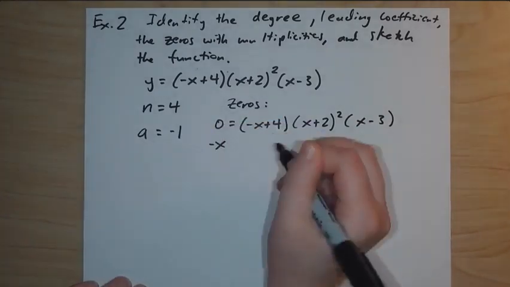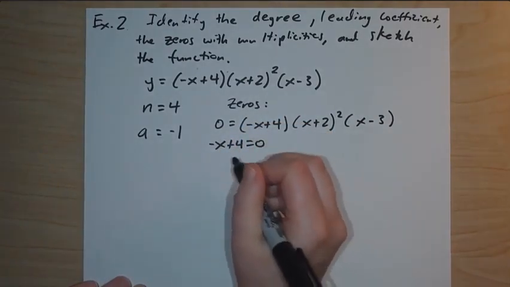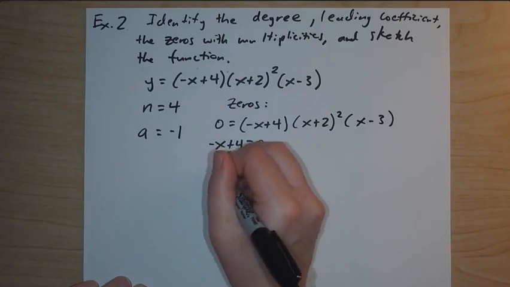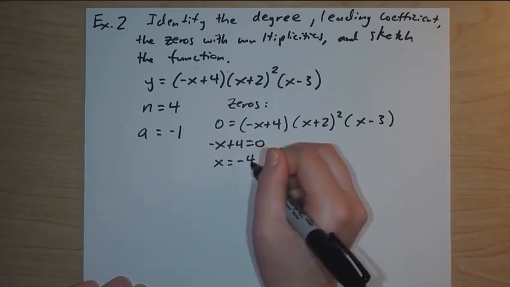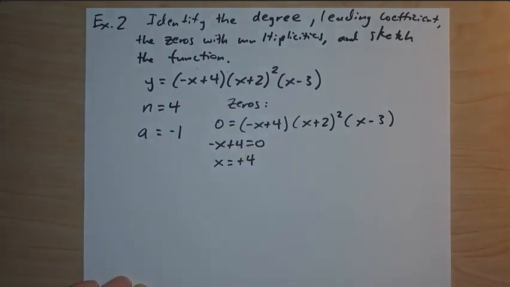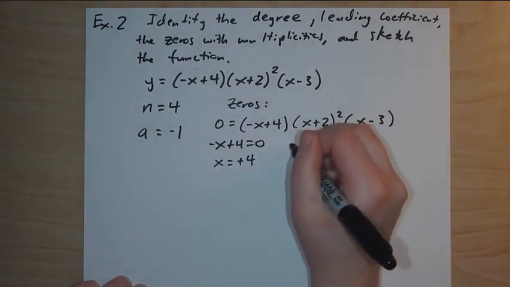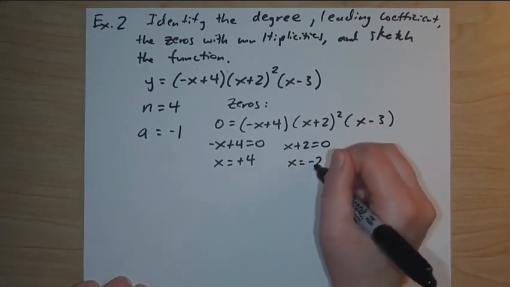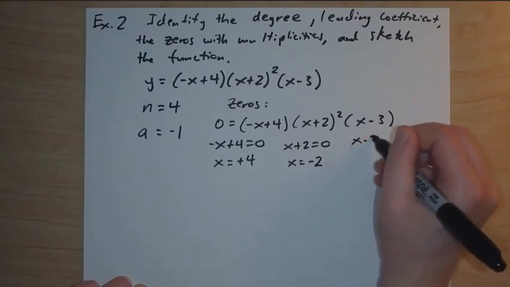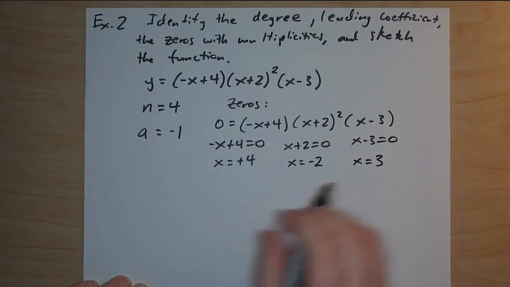So if we have negative x plus 4 is equal to 0, we subtract 4 on both sides, we divide by negative 1, we get x is equal to positive 4, excuse me. And if we set this equal to 0, then we have x plus 2 is equal to 0, x is equal to negative 2. And if we have x minus 3 is equal to 0, then we have x is equal to positive 3.